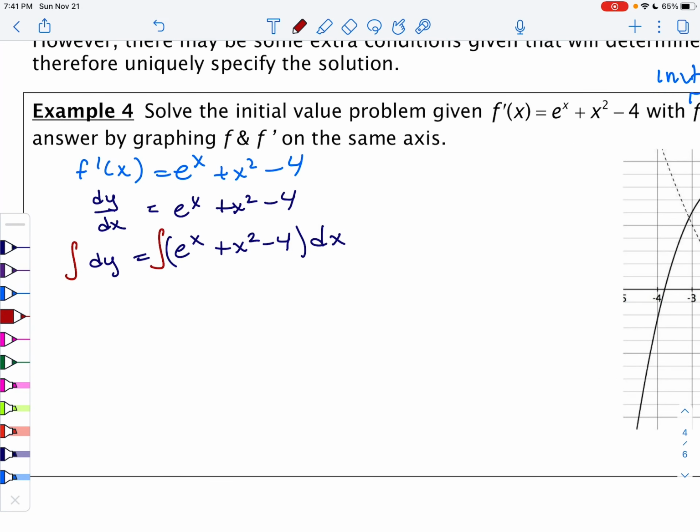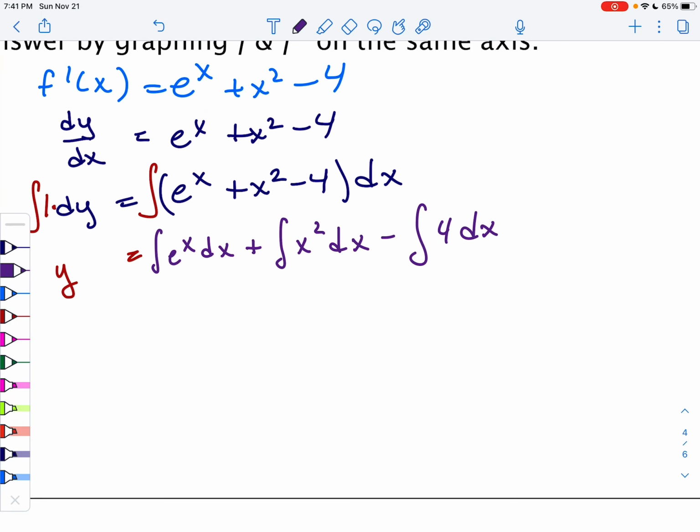And when we integrate both sides, what function has derivative equal to 1? Because 1 times dy. Y does. And if we integrate term by term, remember this is going to be the integral of e to the x dx plus x squared dx minus the integral of 4 dx. And what function has derivative equal to e to the x?